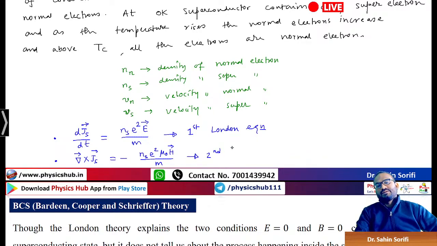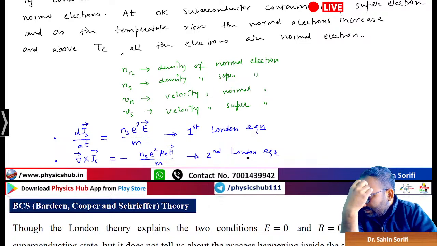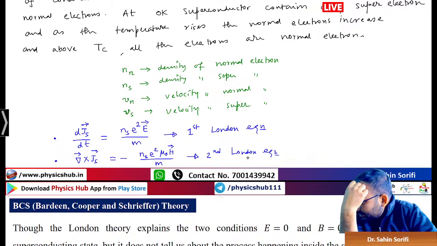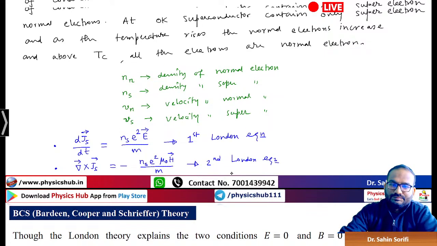This is the London equation. So you can remember these two. We can derive it if you want, but I think the derivation is not required. If you are interested, you can refer to any book, like Puri Babbar, and get the proof.